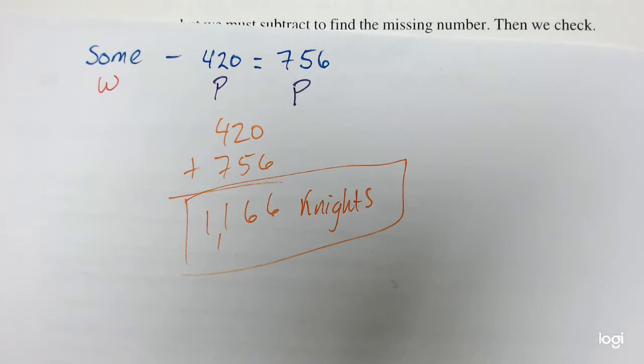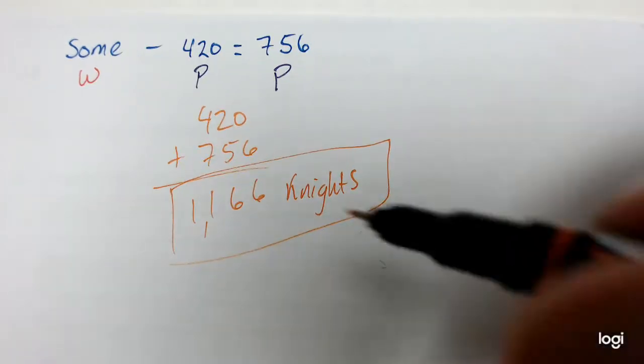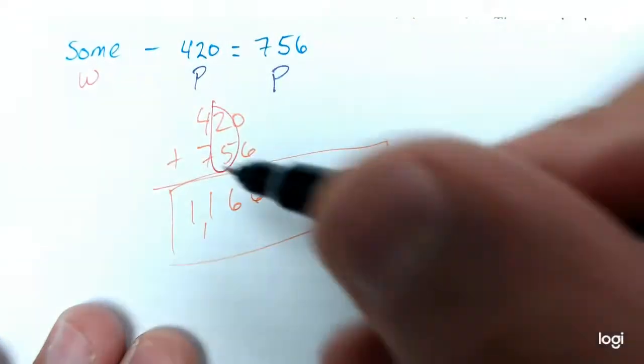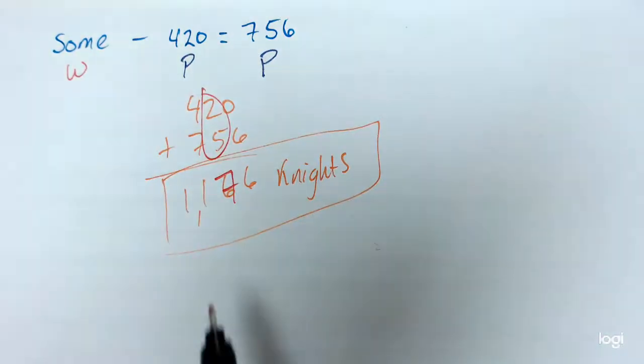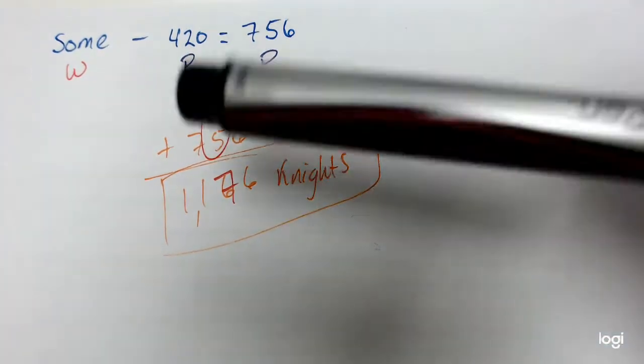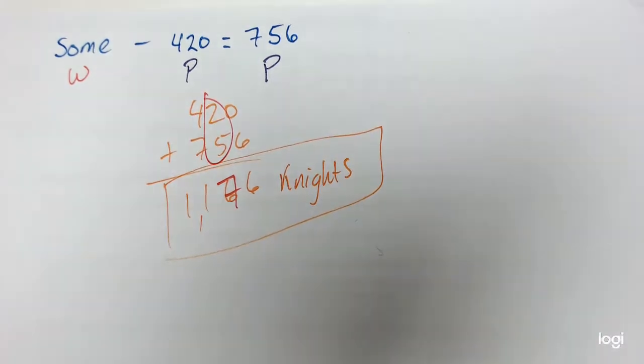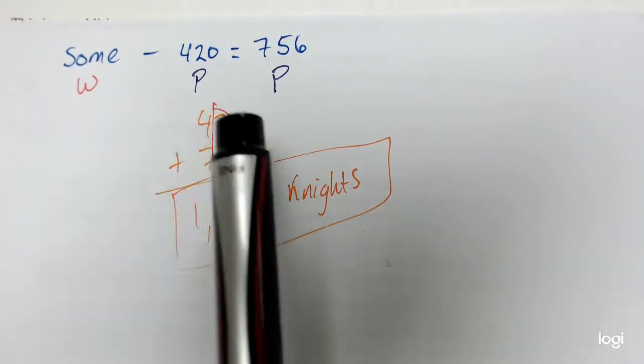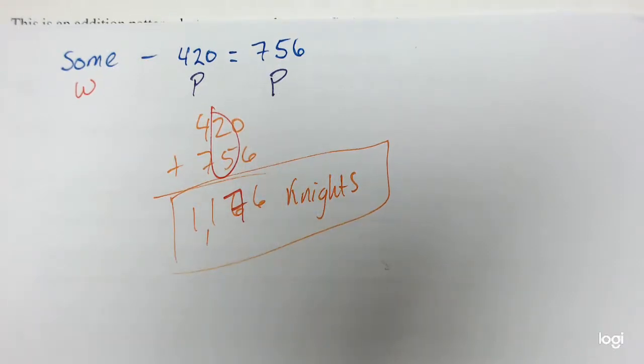Oh, no, I made an addition error. Oh, no, you guys should have caught me. Right there, 5 plus 2 is not 6, 5 plus 2 is 7. The correct answer is 1,176 knights. All right, well, assuming you can add better than I can, you would have gotten the correct answer. And the logical step is that the whole is equal to part plus part. So the final answer here is 1,176 knights.